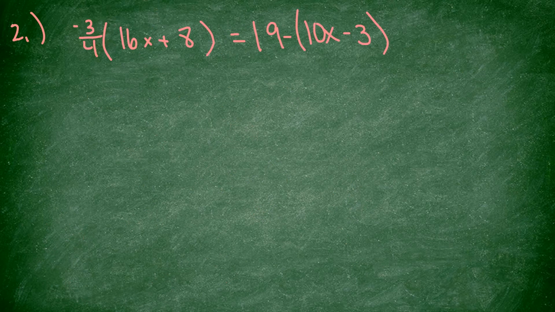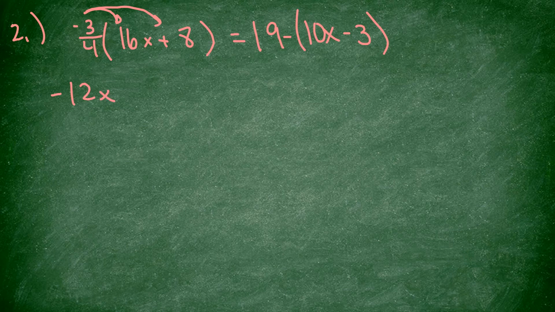Alright, number 2 is very similar to number 1. So the first thing I'm going to do is make the parentheses go away. So I'm going to get rid of this negative 3/4. If you're struggling with multiplying fractions by a number, you can just use a calculator. Negative 3/4 times 16 is going to become negative 12x.